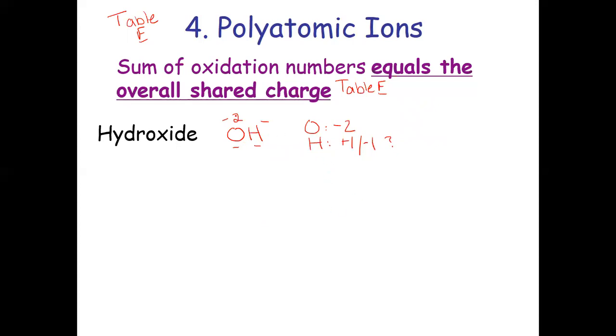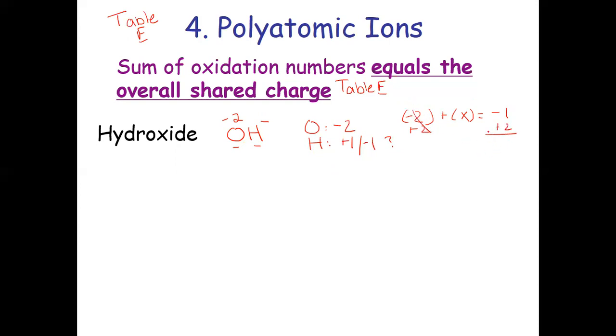So the oxygen is -2. The whole thing has to add up to a -1. So I have a -2 and I have plus what number is equal to a -1. We could do this with algebra and we can call that an X. Add 2, and that cancels.